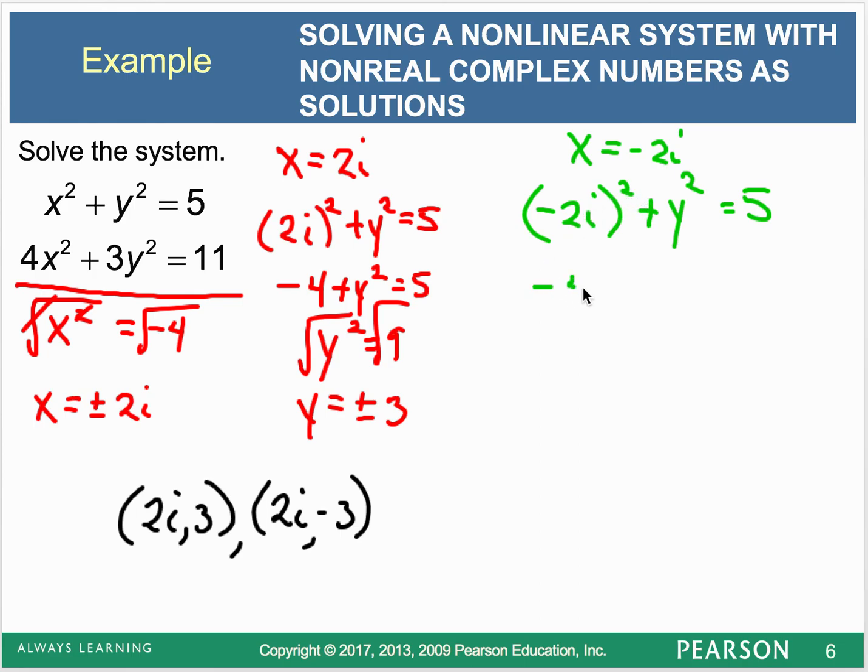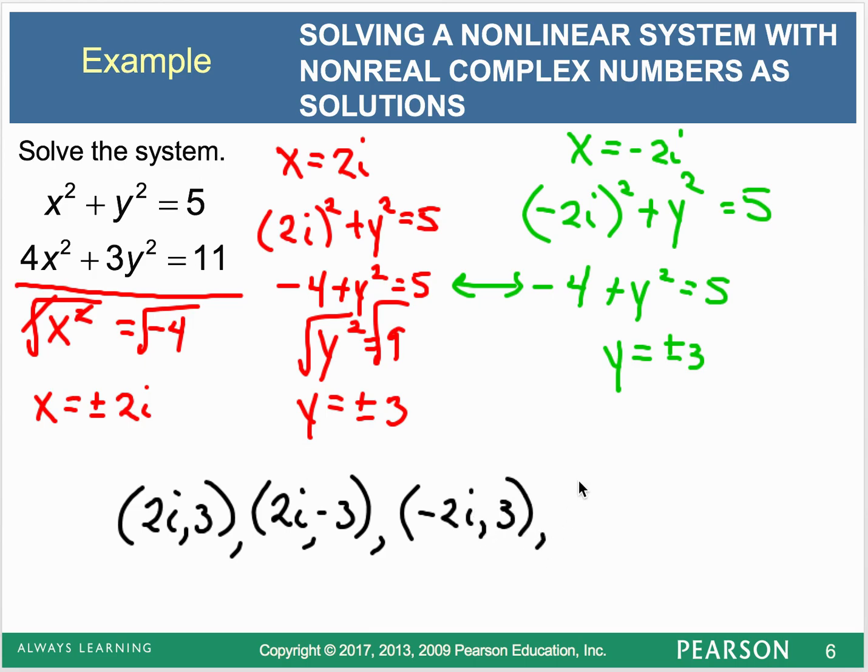So negative 4 plus y squared equals 5. I wound up with the same equation, so I know I'm going to have the same answers. So also, when my x value is negative 2i, it's going to correspond to 3 and negative 3. So there's our solution set.